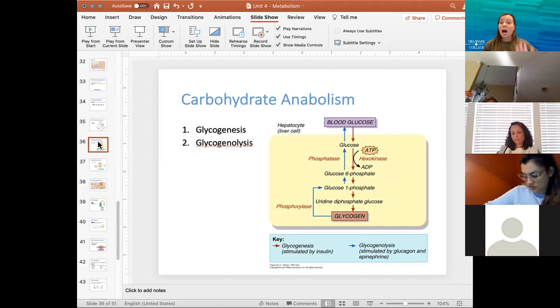The exact opposite of that is glycogenolysis. So that is when you take glycogen and break it apart into individual glucose molecules.